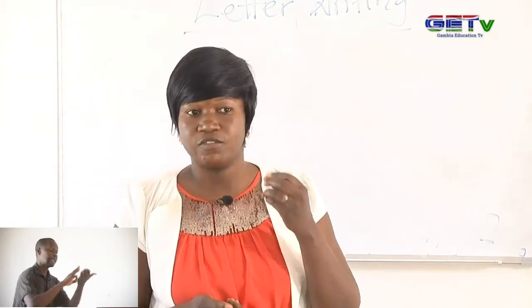For instance, we have an example of sender's address, date, and the recipient address. Now, the example of my sender's address is the first line, Charles Joe Memorial Academy. Second line, P.O. Box 744, Banjo.